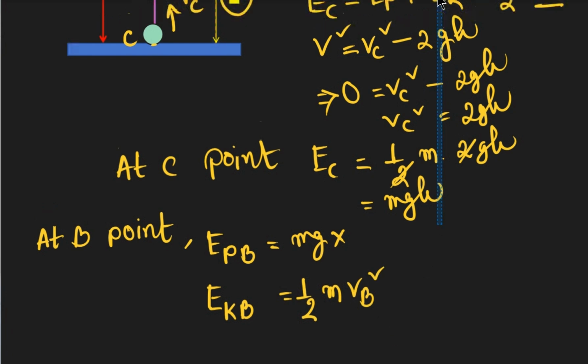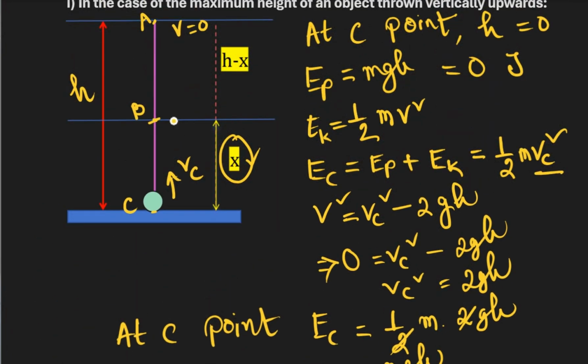So what is vB? Here is vC and here is vB, and the distance is x. We can write vB square equals vC square minus 2gx.